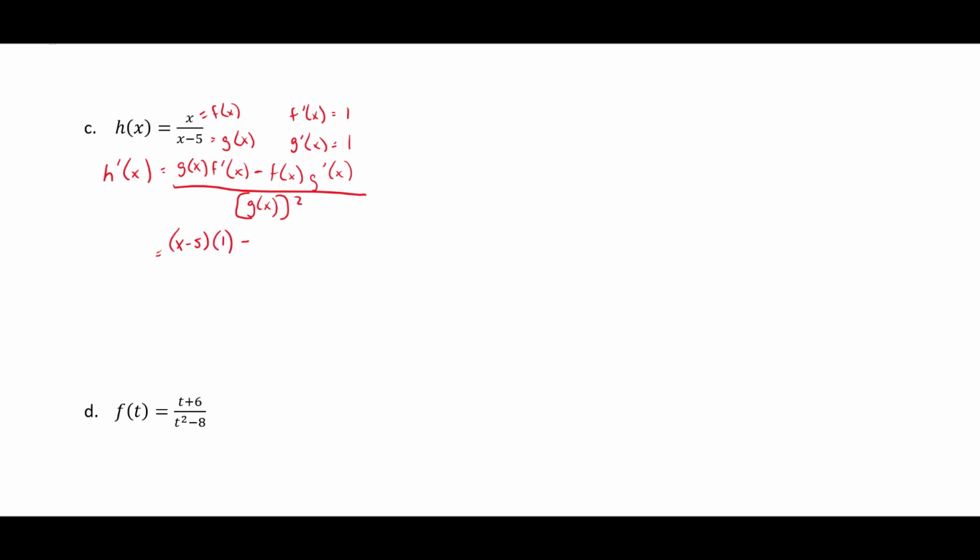So x minus 5 times 1, minus high d low. An easy way to remember this: low d high, minus high d low, all over low squared. That's an easy way to remember the quotient rule.